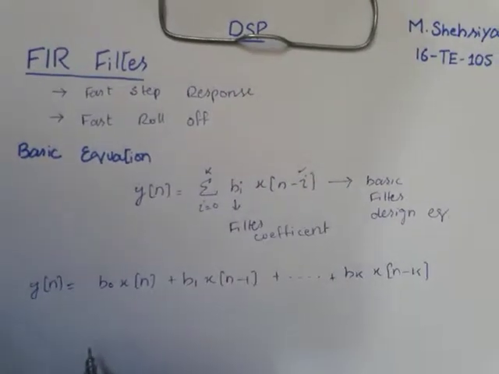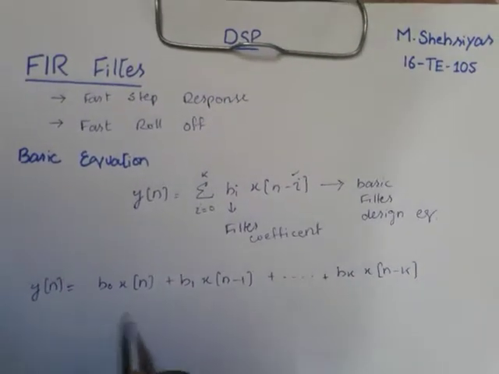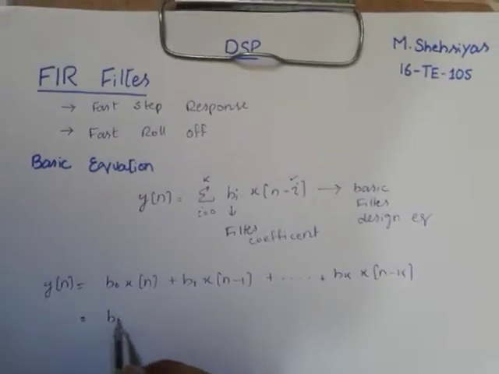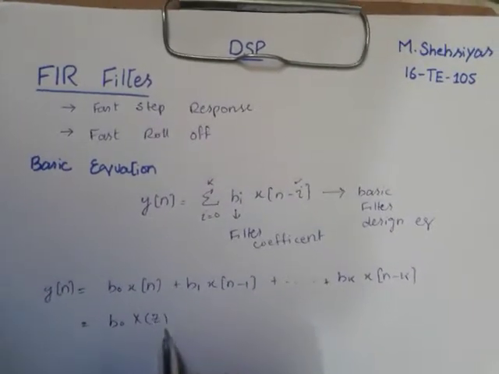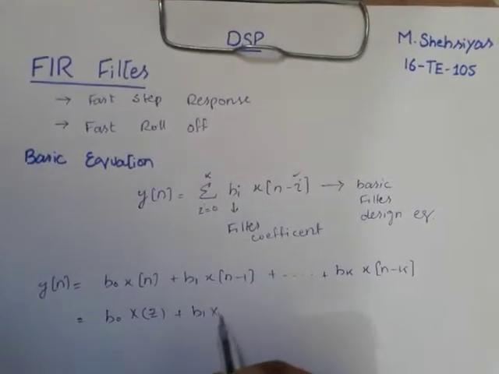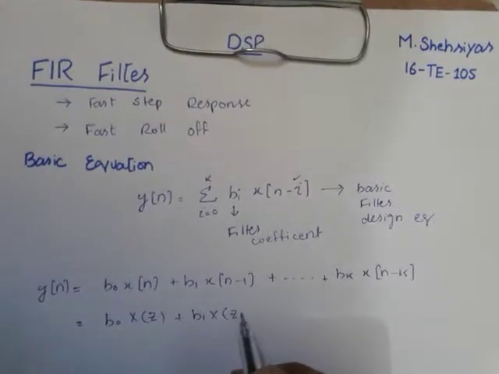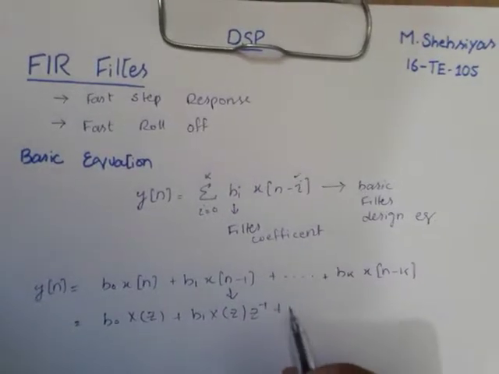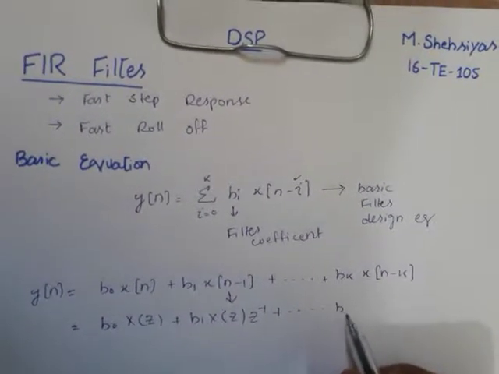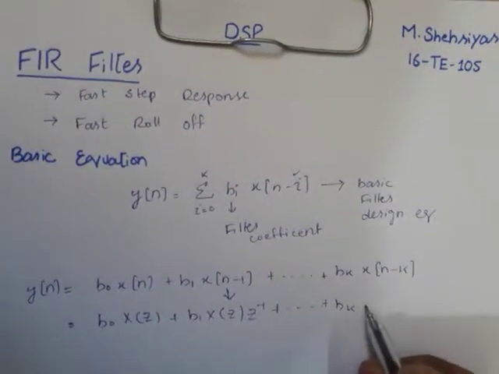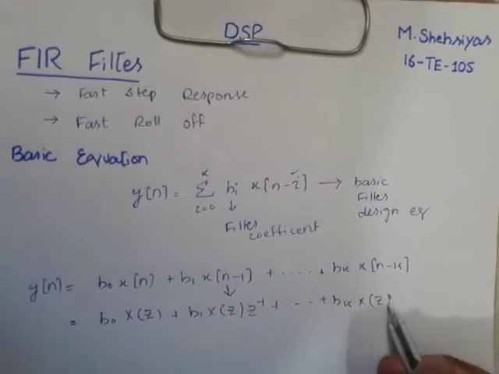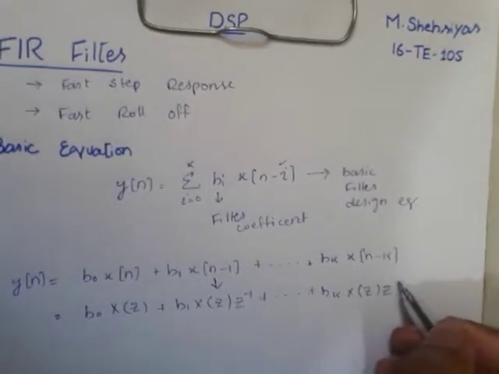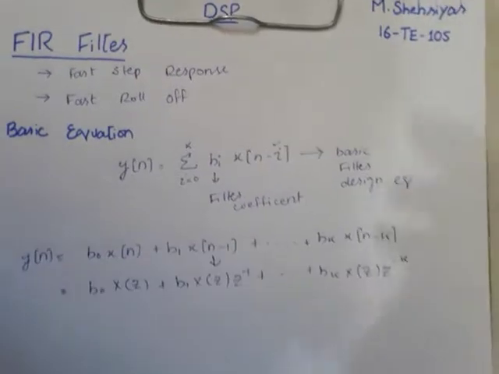Now take the z transform of this equation, which will be b0 X(z) plus b1 X(z) z inverse and so on, then bk X(z) z to the power minus k.